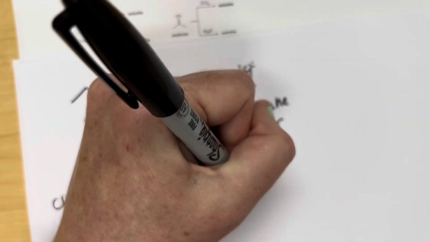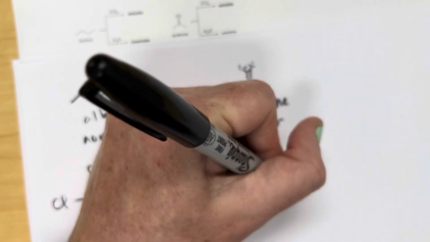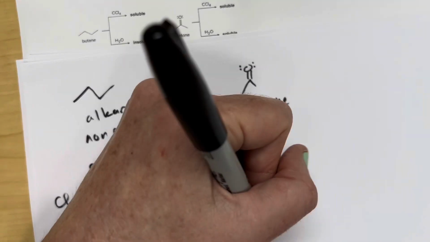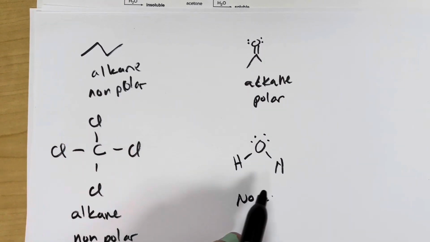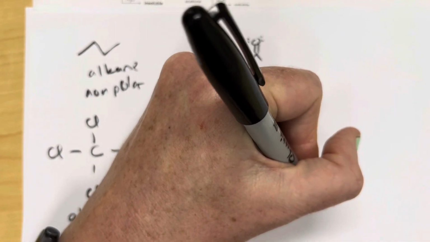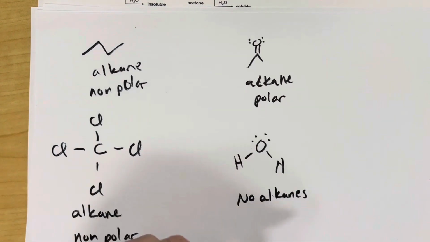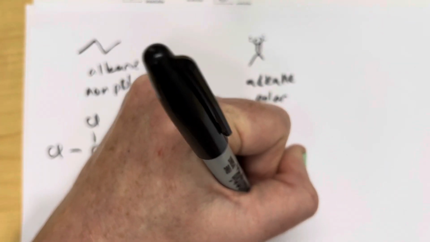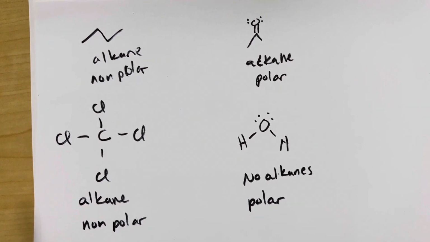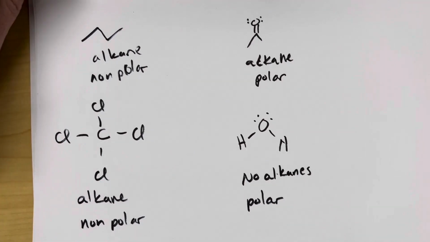All right, and then we have water, which has no alkane. It's not organic at all. There's no carbon to carbon single bond or carbon to something single bond. So no alkanes. But it is polar. Okay, so let's go through each of these.